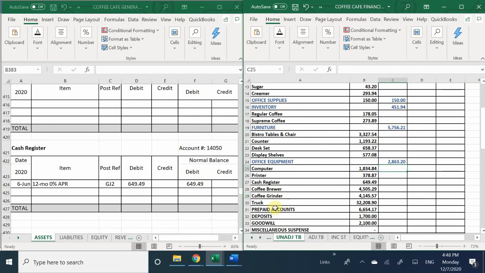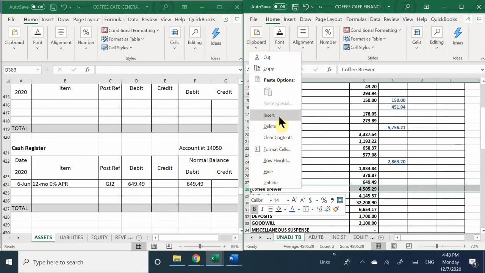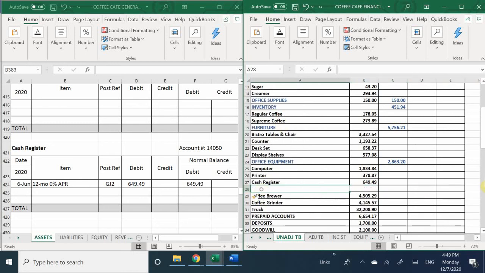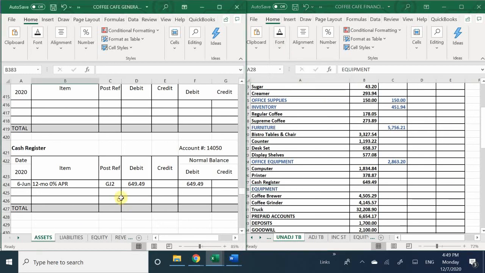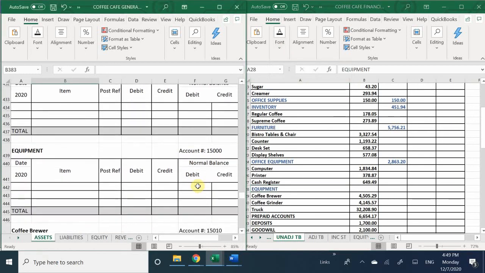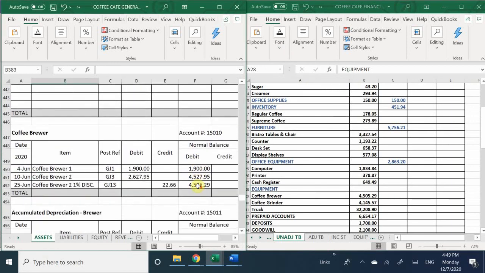So let's go ahead and just continue. The next one is going to be our equipment, which is going to consist of our coffee brewer and coffee grinder. So equipment. Okay. Did I make any changes to my coffee brewer?